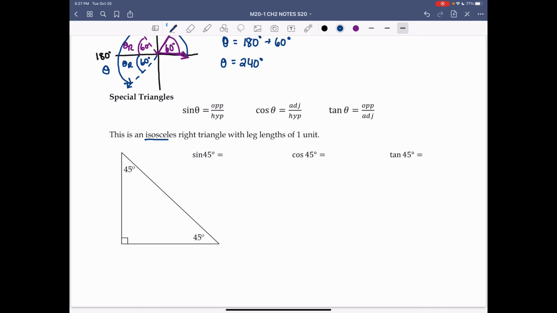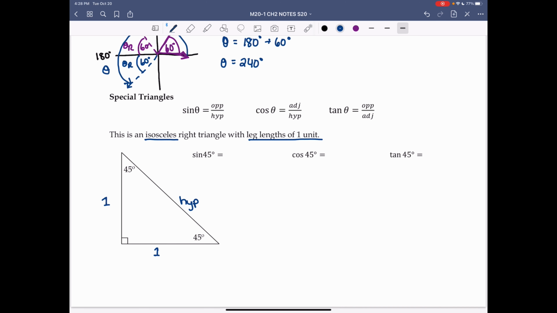Isosceles triangles have 2 angles that are equal and 2 sides that are equal. So it says we have leg lengths of 1 unit. That would be 1 here and 1 here. Those are the legs of the right triangle. The other side, the side that's across from the right angle, that's the hypotenuse.